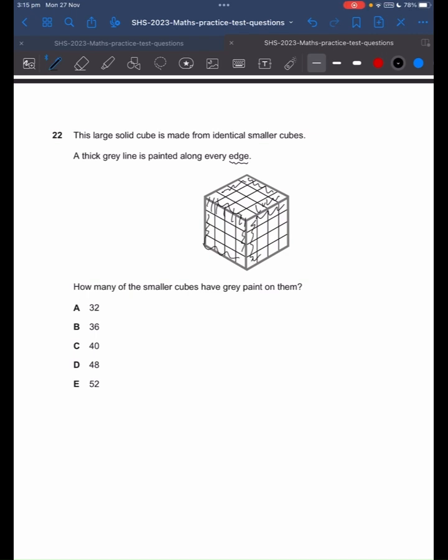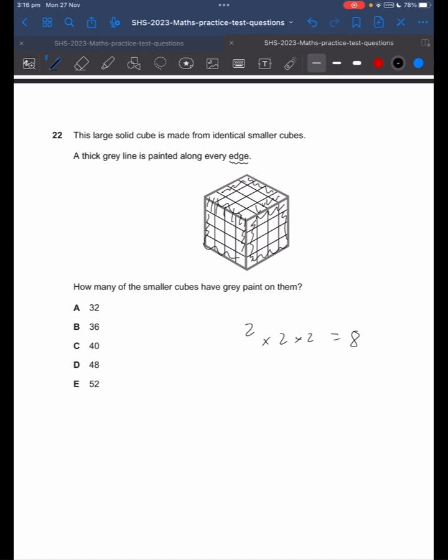You might have to visualize this a bit, but the inside won't be colored, right? So we have a 2 by 2 by 2 cube inside that won't be colored. So 8 of them will not have gray paint on them.